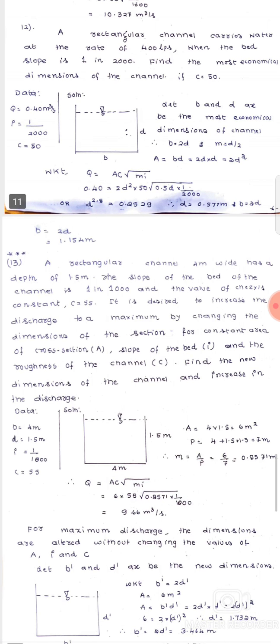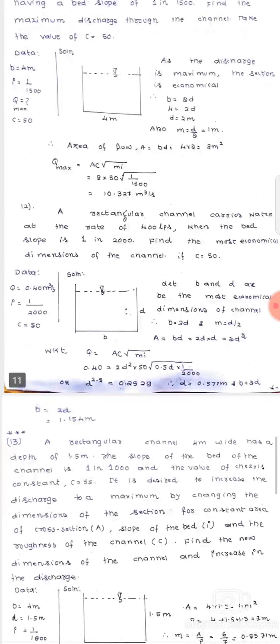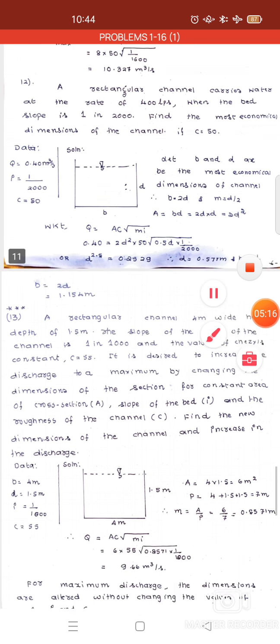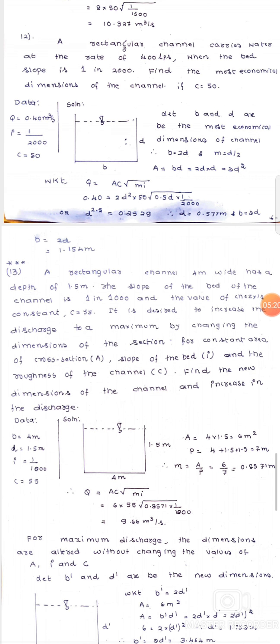And the third one, a rectangular channel of 4 meter, that is problem 13, the third numerical, belongs to the most economical rectangular cross section. A rectangular channel is 4 meter wide and has a depth of 1.5 meter. The slope of the bed of the channel is 1 in 1000 and the value of Chezy's constant is 55. It is desired to increase the discharge.